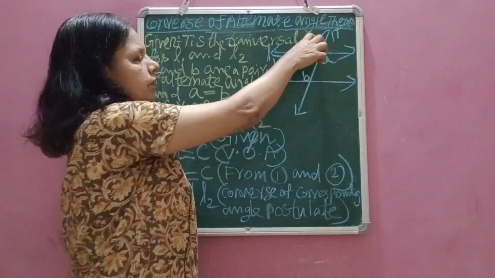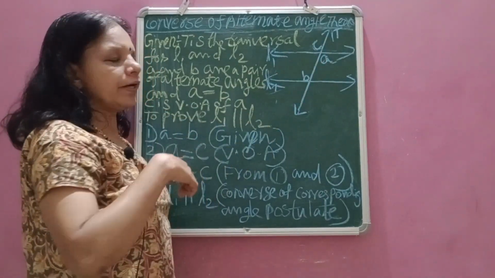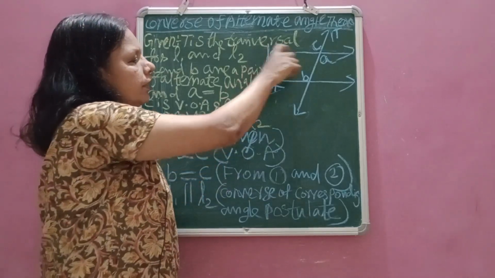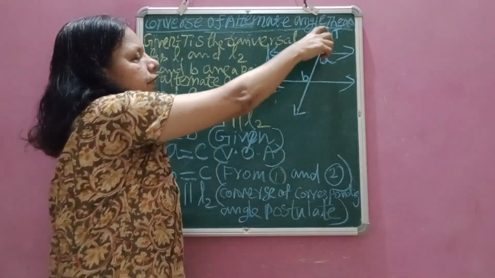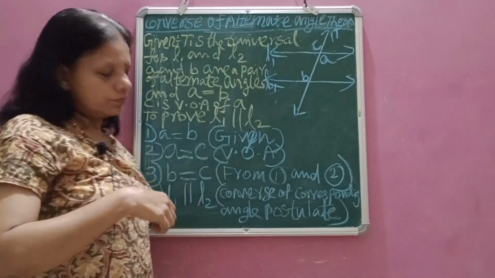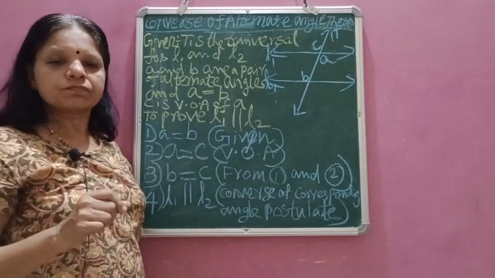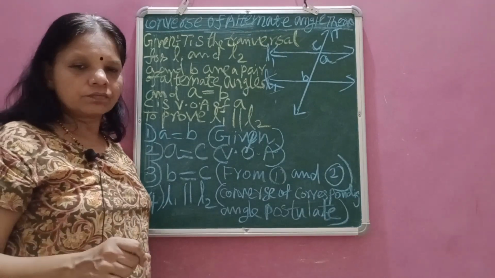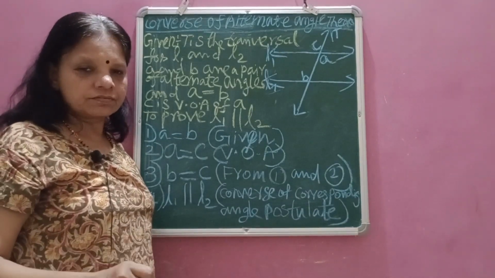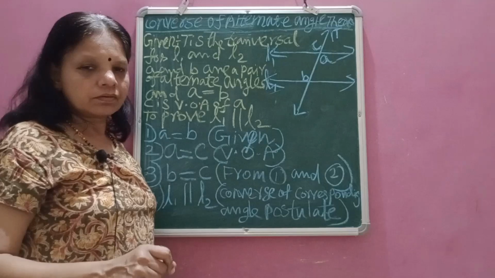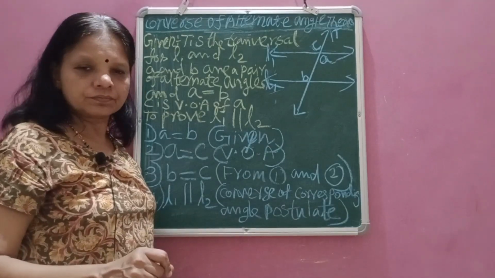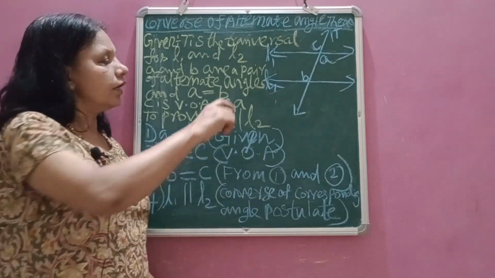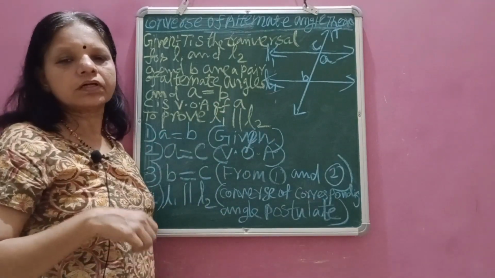B and C are one pair of corresponding angles for the lines L1 and L2 and the transversal T. So we got a pair of corresponding angles that is congruent. From that, by the converse of the corresponding angle postulate, line L1 is parallel to line L2.